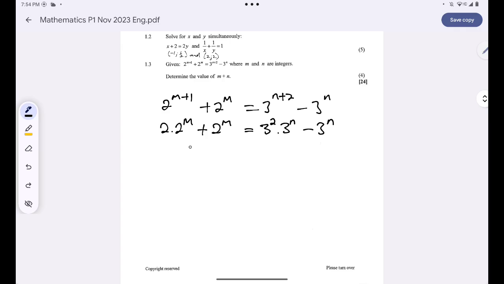And then on the left hand side, I'm adding two things that have the same variable, right? It's 2 of this thing plus 1 of this thing. So I'll simply have 3 multiplied by 2 to the m, and here I'll be left with 8 multiplied by 3 to the power n, right?